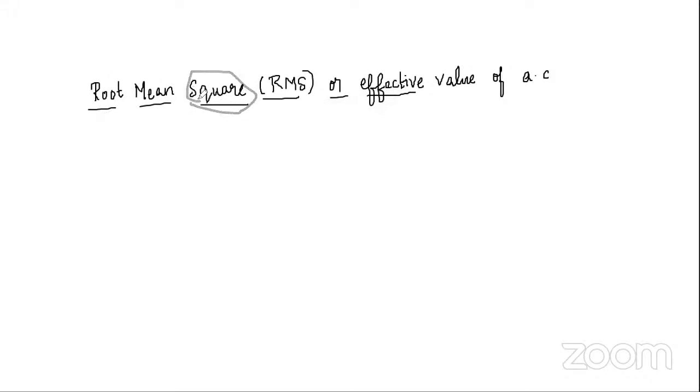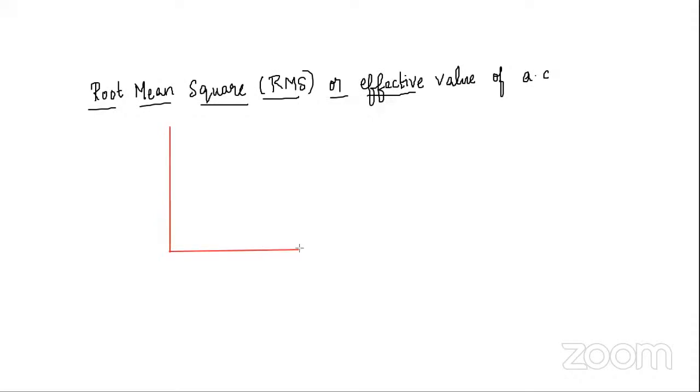You take the instantaneous values of current or voltage from the graph and square them, then find the average or arithmetic mean of it. After that, you have to take the square root. I will be explaining that with the help of a graph.